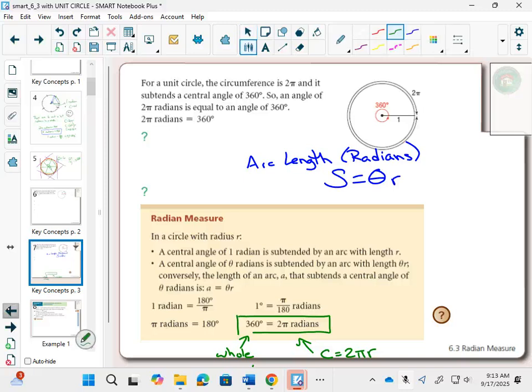The whole thing around the circle, how many radians are around the circle? Because every time you have a radius on the edge, you have 1 radian. And your circumference formula tells you that there are 2 pi radiuses around the circle. So there are 2 pi radians in the circle.